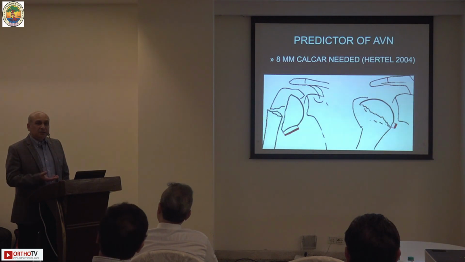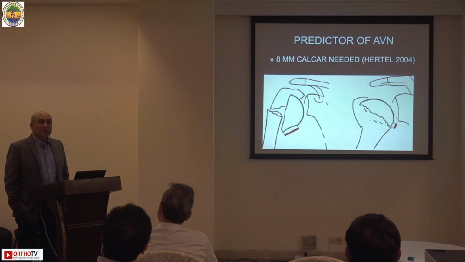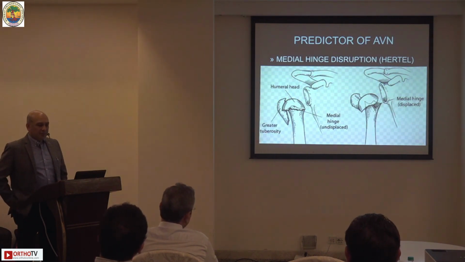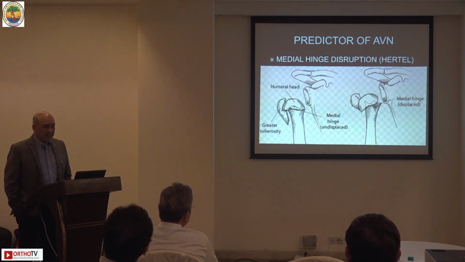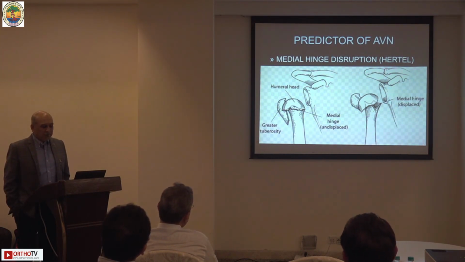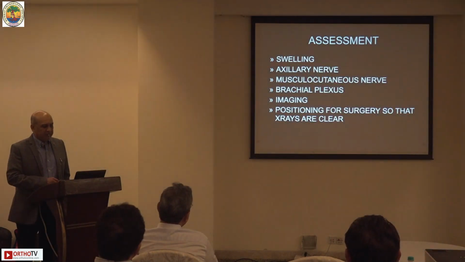But in addition to that, Hertel came up with a paper in 2004, and two additional predictors were added: that an 8 millimeter calcar is needed in order to predict viability of the humeral head. Number two, if there is disruption of the medial hinge of the humeral head, then probably it may not be viable. We still tend to fix it. The picture on the right is typical, where the medial hinge is displaced.